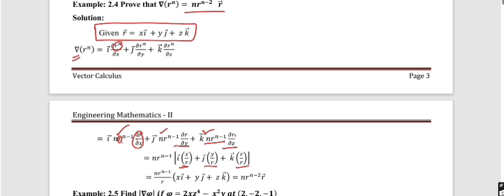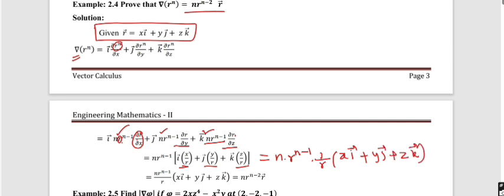The remaining is i vector into x by r plus j vector into y by r plus k vector into z by r. Here also 1 by r is common. So n into r power n minus 1 into 1 by r into x i vector plus y j vector plus z k vector.